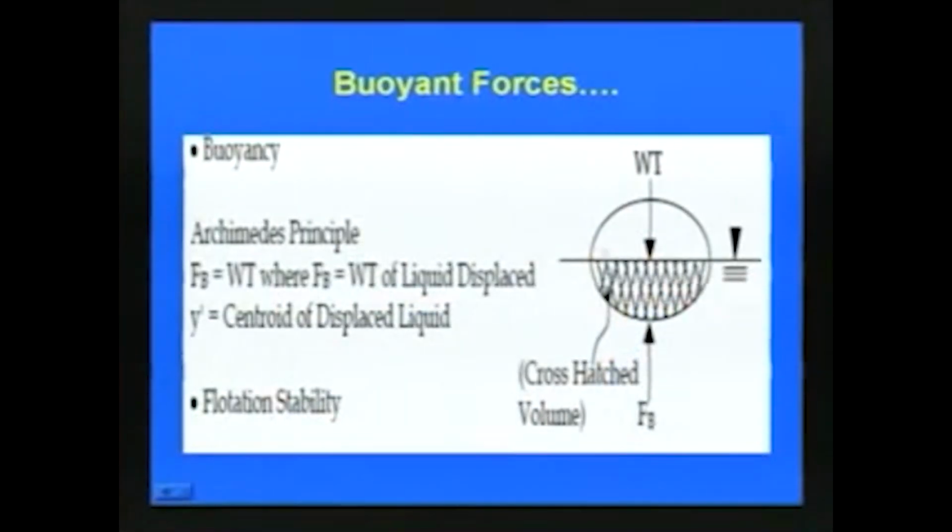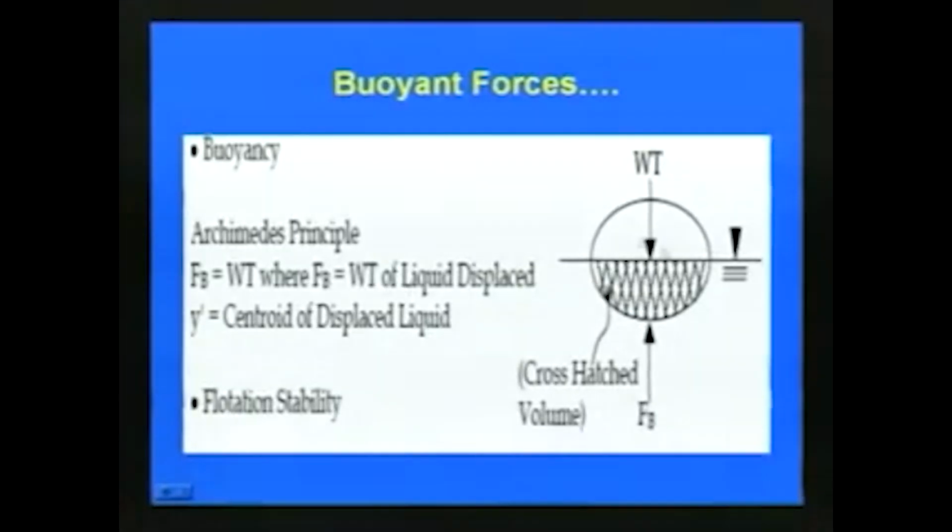With respect to this, you can see in this slide, consider the Archimedes principle. Here there is a buoy in a fluid, so the hatched volume we can calculate. The buoyant force FB will be equal to WT, where WT is the weight of the liquid displaced.